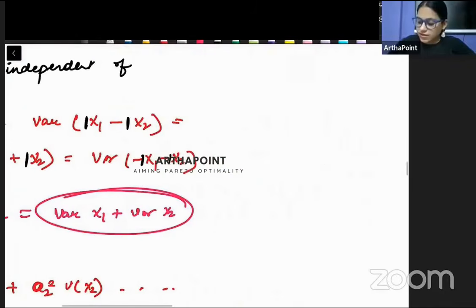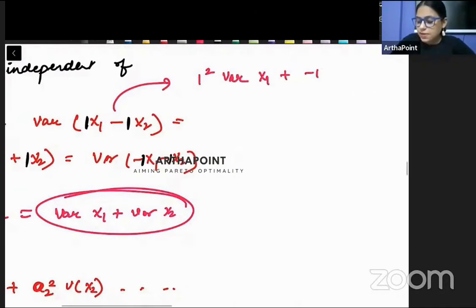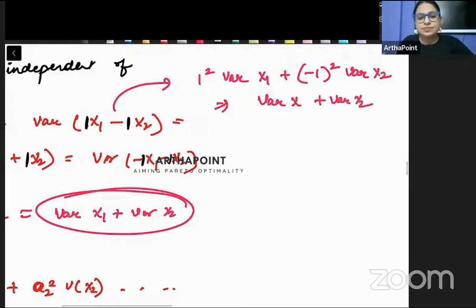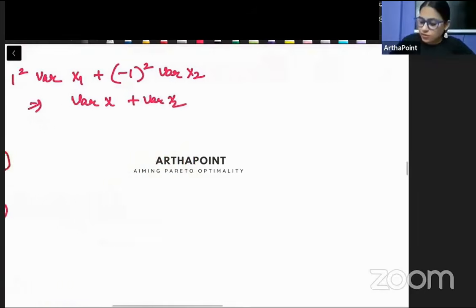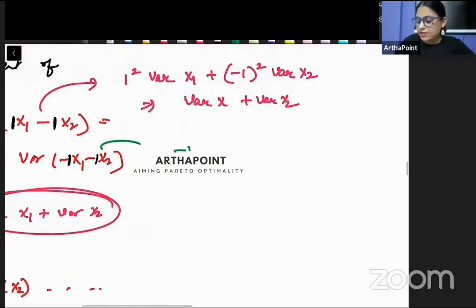But if I find out for this one, what will happen? It will be 1 square variance of x1 plus minus 1 square variance of x2. This will be variance of x1 plus variance of x2. Same. If I find out for this one, I will get minus 1 square variance of x1 plus minus 1 square variance of x2.